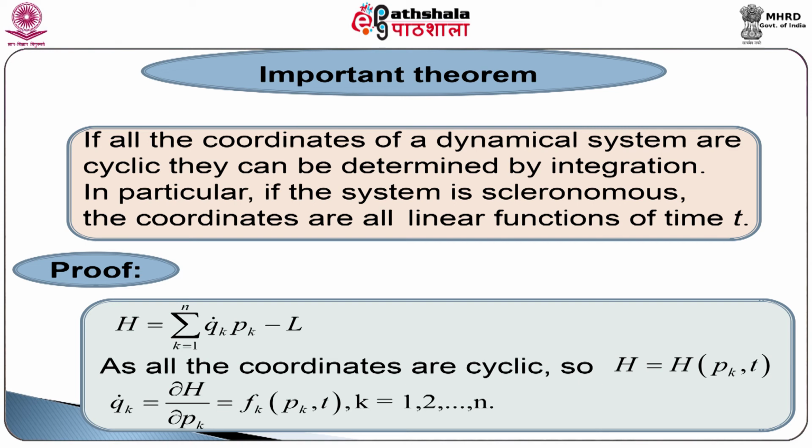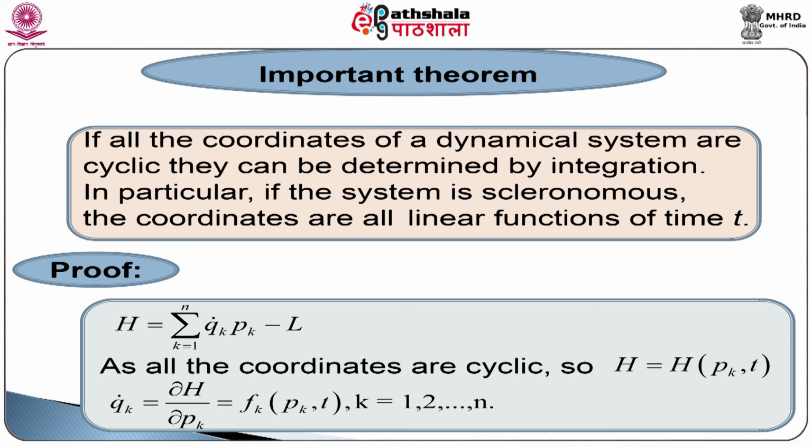As all the coordinates are cyclic, the Hamiltonian H can be expressed as H equal to capital H function of pk and t. There are no qk, as the qk's are cyclic coordinates. Here pk's are the generalized momenta of the system having n degrees of freedom.